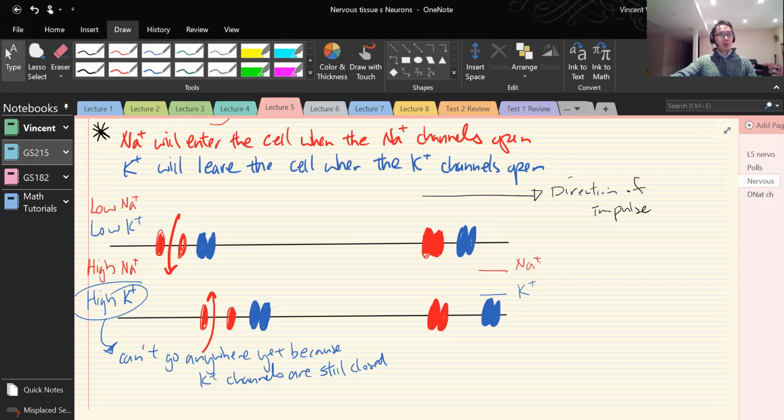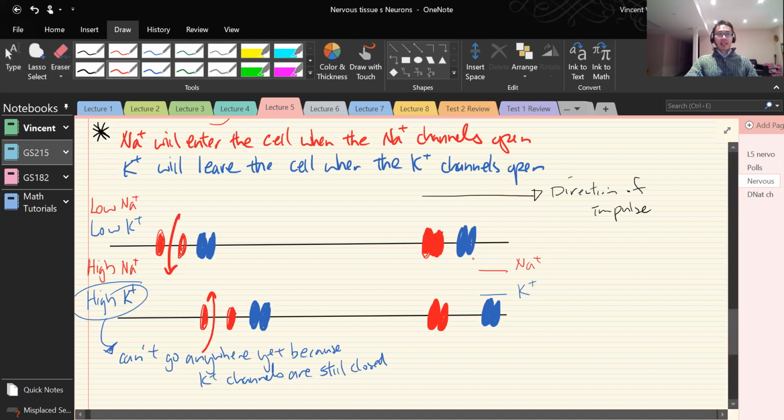Okay, Safi said low. Anyone else? Anybody agree, disagree? We have a bunch of lows coming in. Yes, that is correct, because these doors are not open yet, so the sodium cannot come in just yet.